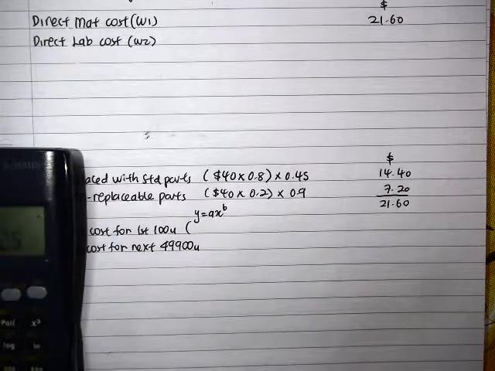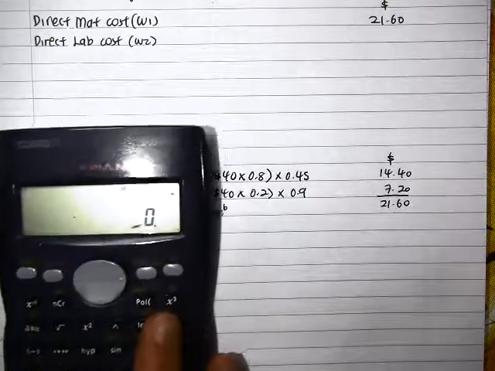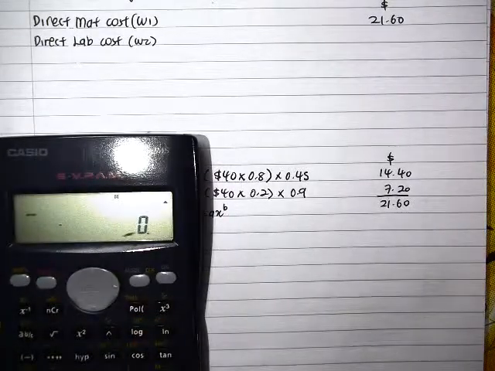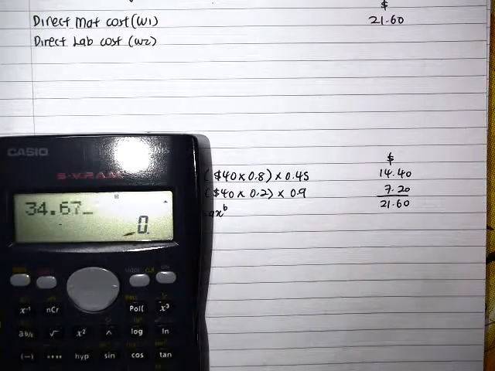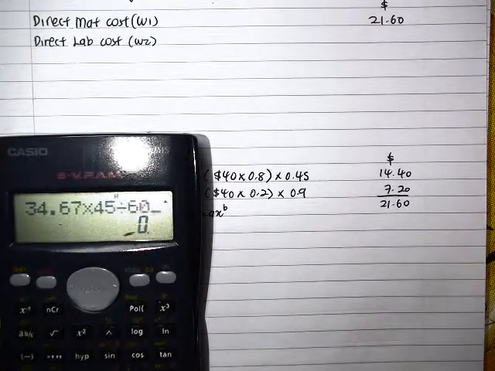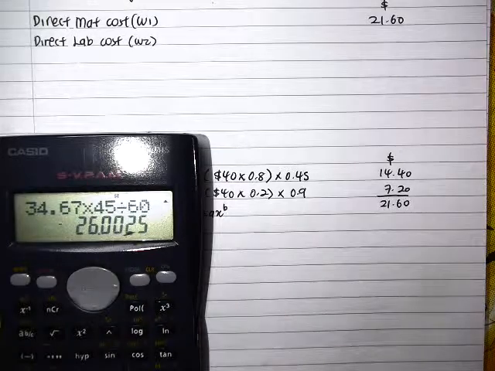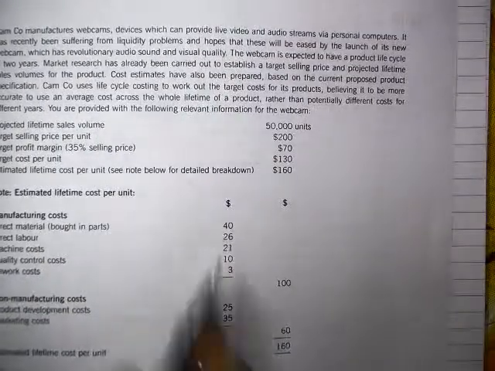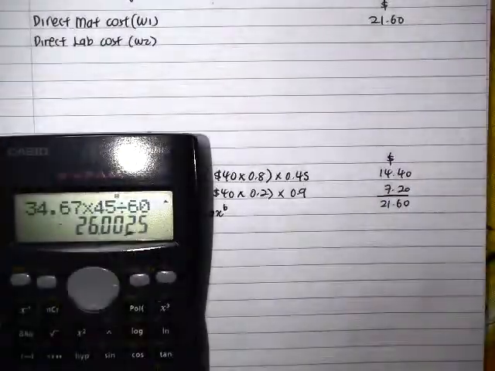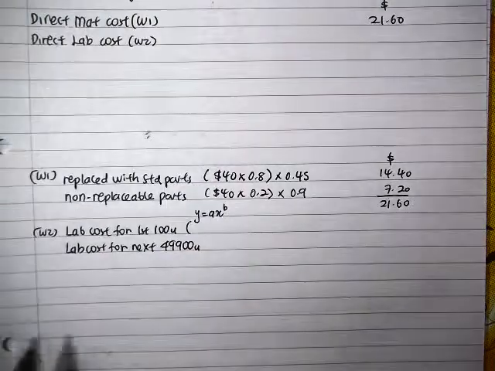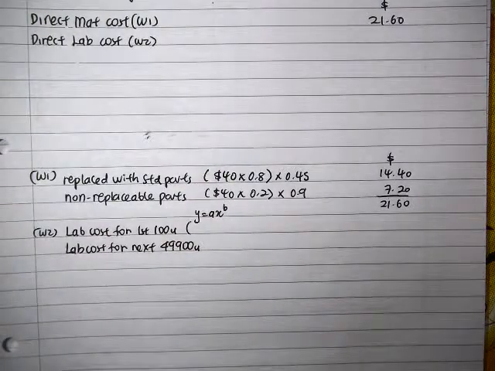Again, so 34.67 times 45 divided by 60. The cost is $26 per unit, which is what they show here. Now, I don't need to use time. I can straight away use cost because I want cost only.